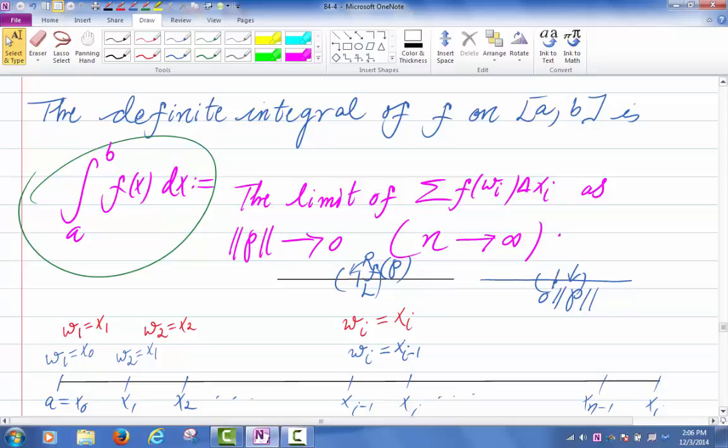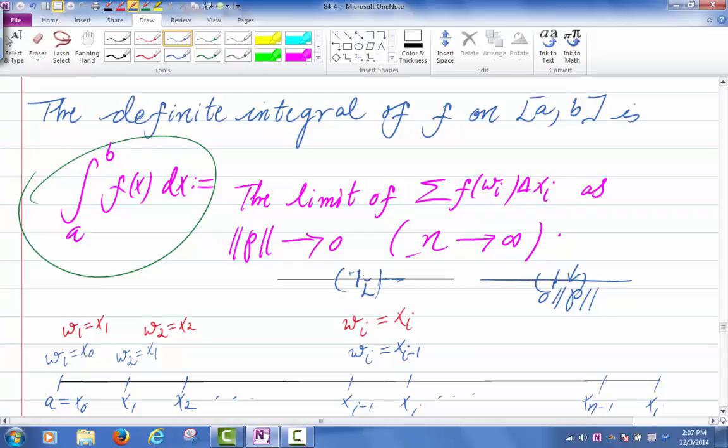I can make the value of the Riemann sum, so this is Rf of p. Let me make a little bit of change here. So what I have here is a number line, and on the number line I drew the number L right here, okay?